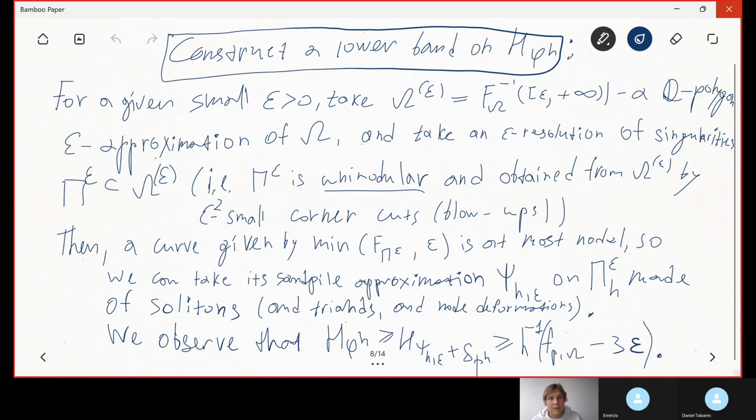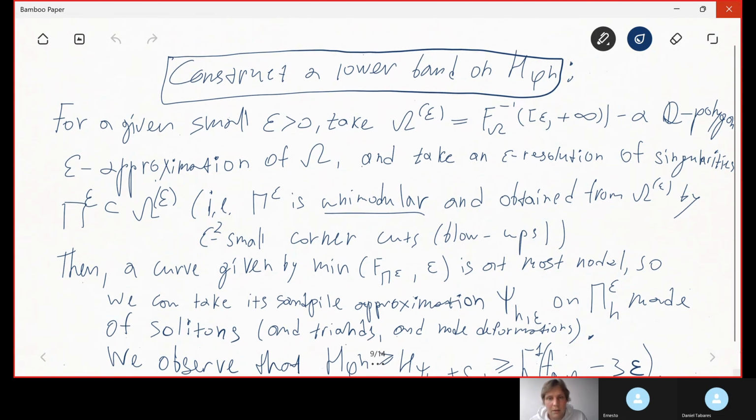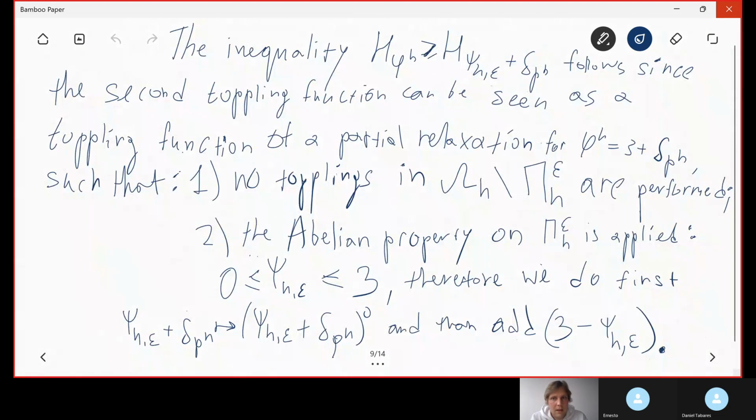And the upper bound I already explained, and now I'll be explaining in more detail the lower bound, and it's decomposed into these 2 inequalities. And the first inequality goes as follows. The toppling function of the whole state, like 3 everywhere and 4 at some point, is bigger or equal to the toppling function of this solitonic state made of solitons perturbed at the same point.